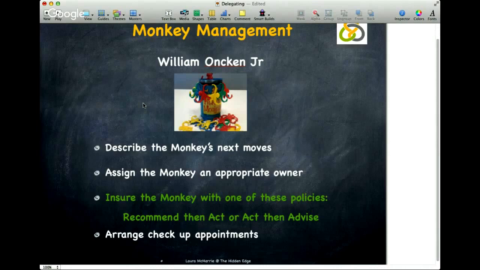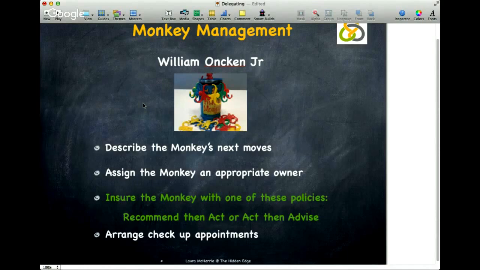We need to make sure that if we hand a task, a monkey, to an owner, that we give it to somebody that it's appropriate to. Delegating a task to somebody who can't handle it is not a sign of good delegation.